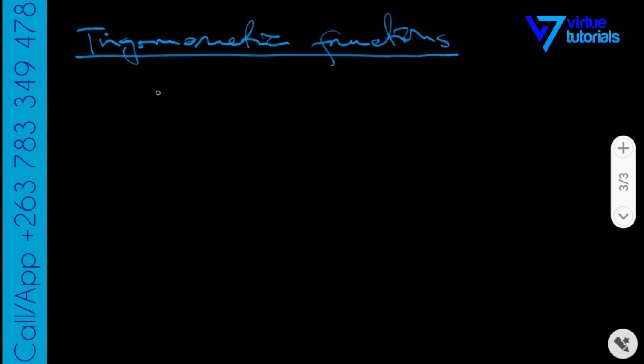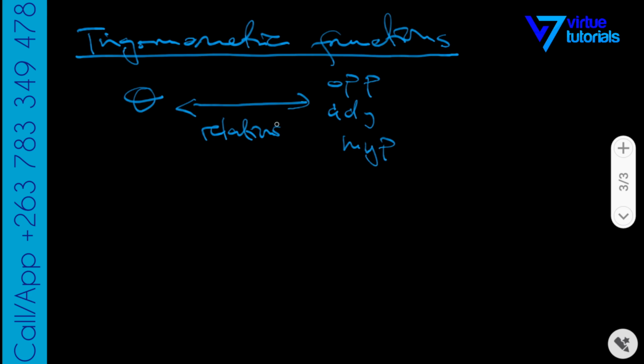So if we have an angle theta, and then the sides, the opposite, the adjacent, and the hypotenuse, a relationship formed between these things is formed using a trigonometric function. A trigonometric function will form a relationship between theta and the opposite, adjacent, hypotenuse in different combinations.